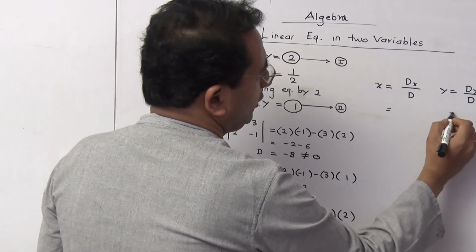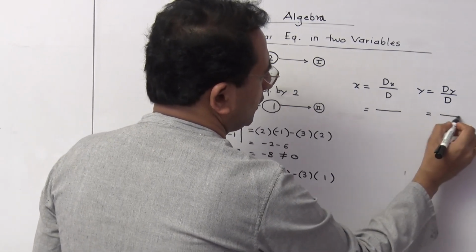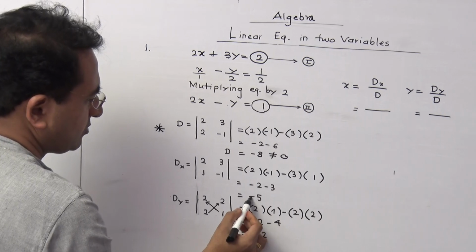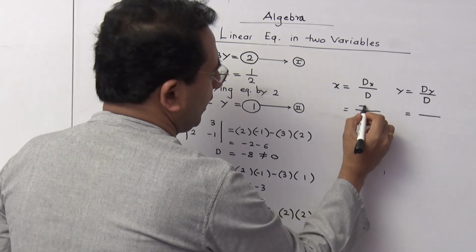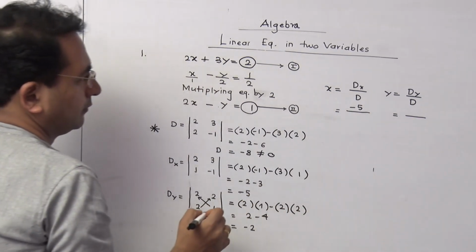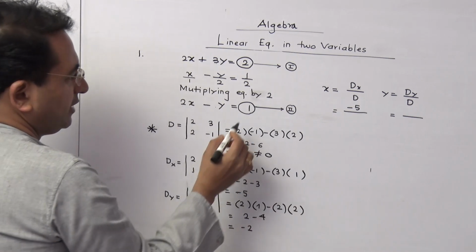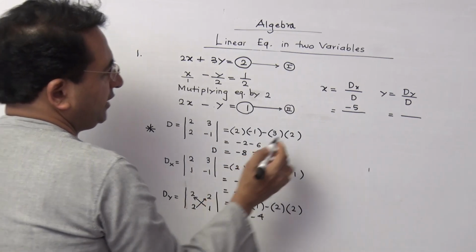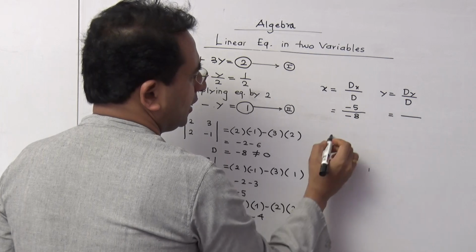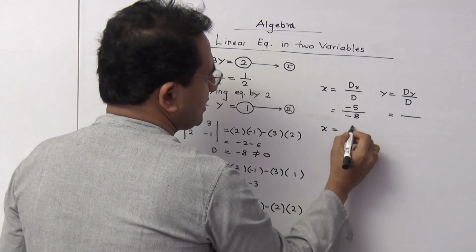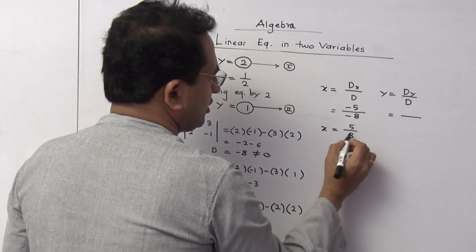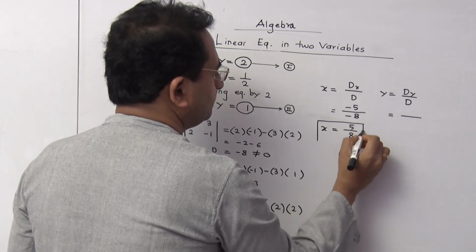Now we will put the values that we have calculated. The value of dx is -5, so I am writing -5 here, correct? And then we have the value of d, that is -8. So the minus sign will get cancelled, and you will get the answer x is equal to 5/8.